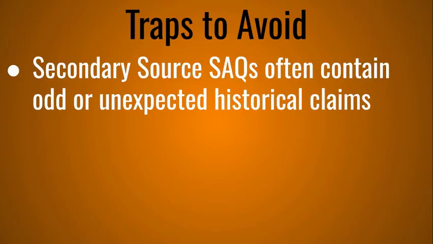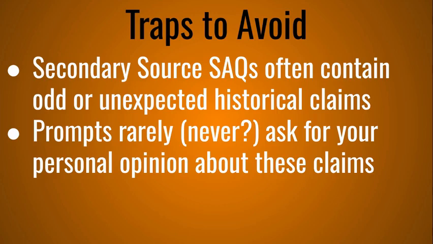All right. Also, avoid having too much emphasis on your own personal opinion. You're going to be reading secondary source material, which means historians, and they're generally going to pick a historian who's saying something interesting, possibly even outlandish, and ask you to wrestle with it. The prompt is never, or at least I've never seen one, that asks what you actually think about the claim being made.